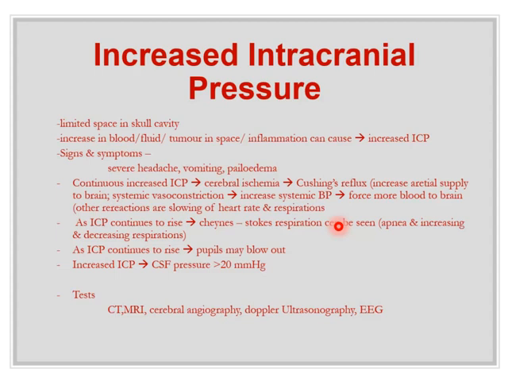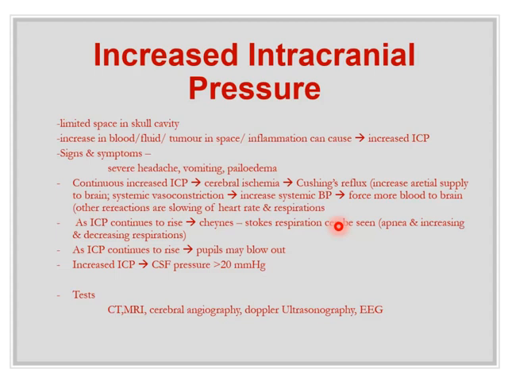But in Cheyne-Stokes respiration, the individual will have apnea, not breathing, then suddenly a deep breath, then suddenly release it out, then a shallow breath, release it out, like that. So it's not constantly deep breathing or constantly shallow breathing. Okay, it's like up and down. So that's Cheyne-Stokes respiration.